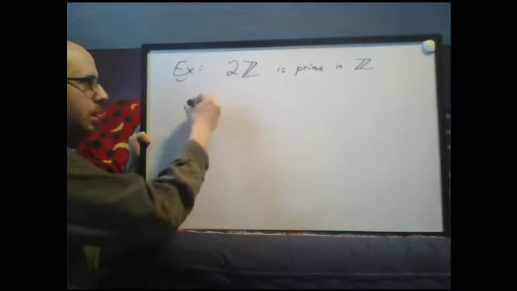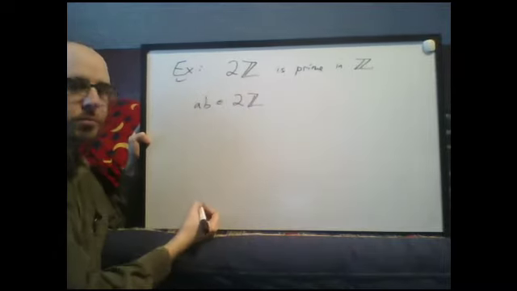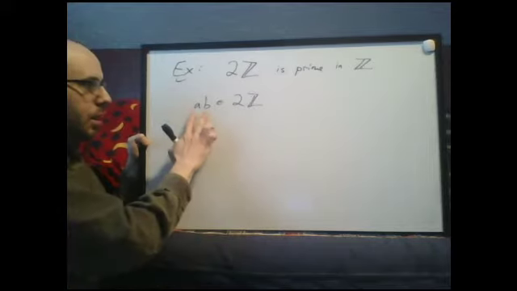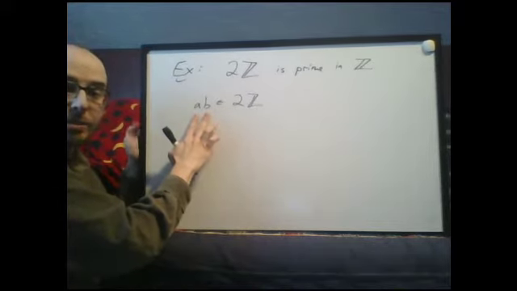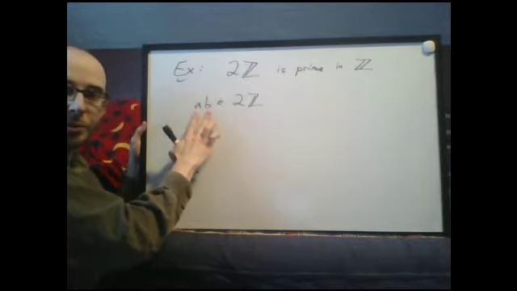Because if a times b is even, then a times b contains a factor of 2. That 2 has to come from at least one of the two elements.